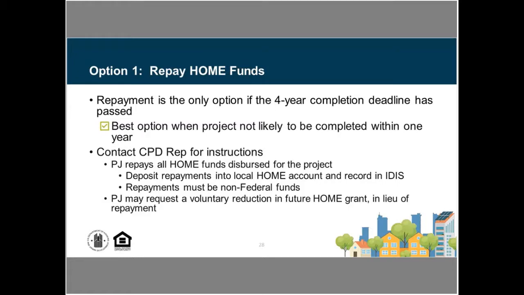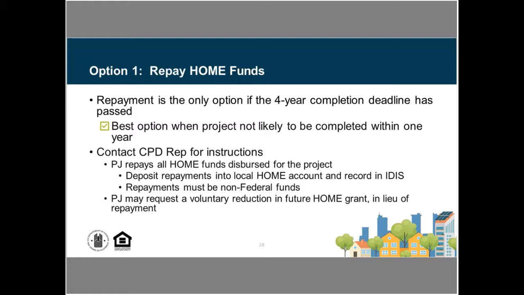They're going to be recorded in IDIS. Keep in mind that the repayment needs to be from non-federal funds. Now, there is the possibility of requesting a voluntary reduction in a future HOME grant in lieu of repayment.